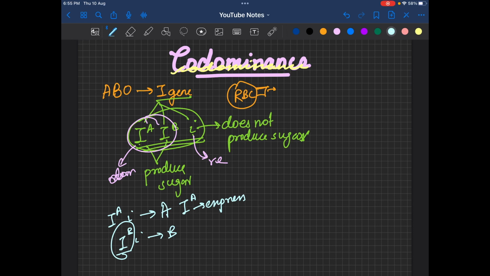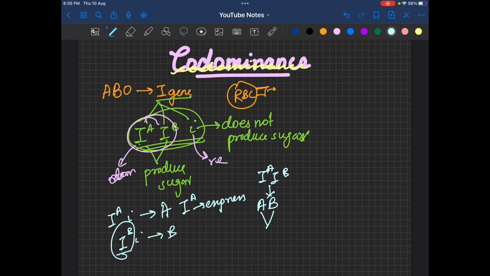Now if it is IA and IB together, it will produce AB blood group, and the red blood cells will have both types of sugars, A sugar and B sugar. Since there are three different alleles, we can have 6 different combinations of these alleles.